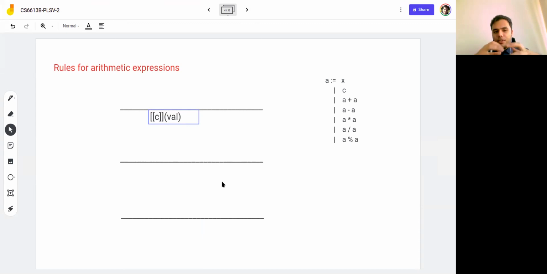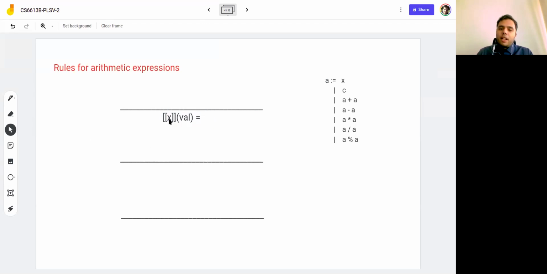How should I define the semantics of C given a valuation? Well, this is of course simple. It's just C because it's a constant number. Right? The other case, which is also easy, is what happens if I have a variable X.